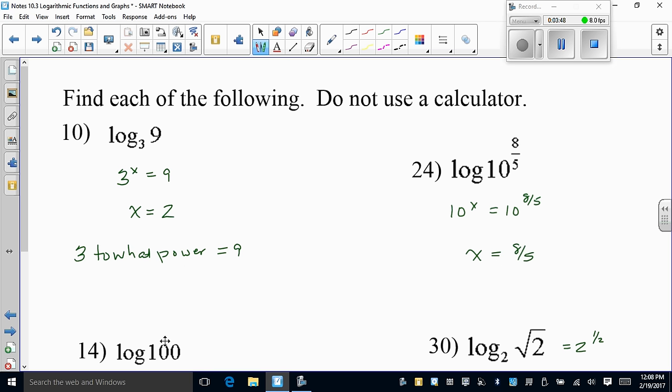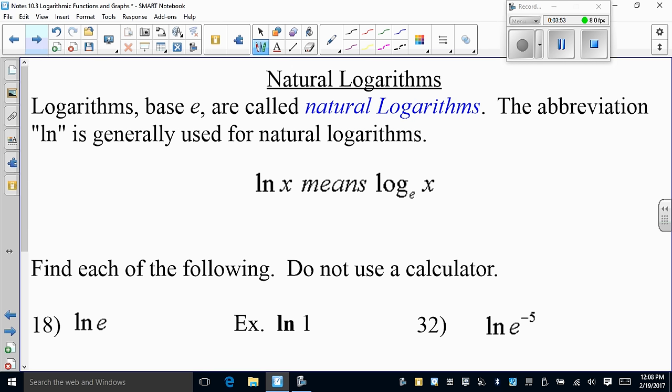Those are common logs. Natural logs: logarithms base e are called natural logs. The abbreviation ln is generally used for natural logs. A lot of people will just say ln of x instead of natural log of x. So this is log base e. Now here's one thing to notice. Natural log is always base e.